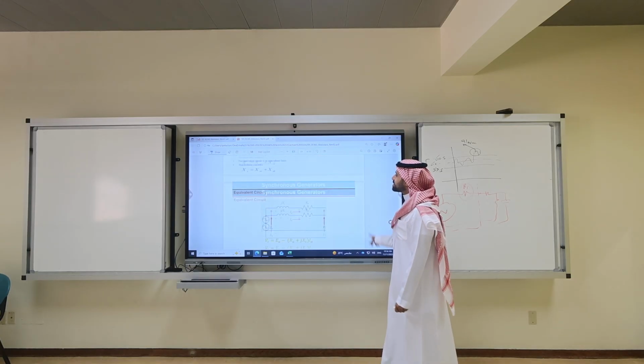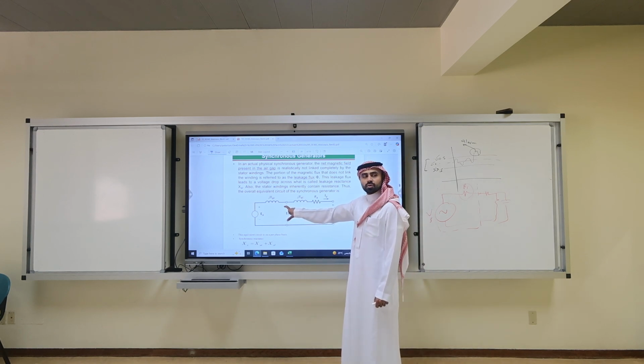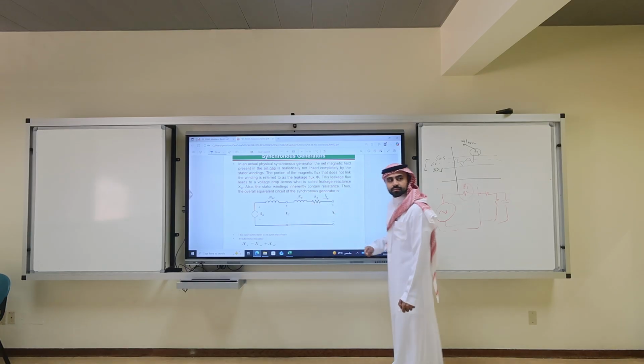No, that's the armature reaction terminal voltage without a leakage with internal resistance. This is E sub T. Before.